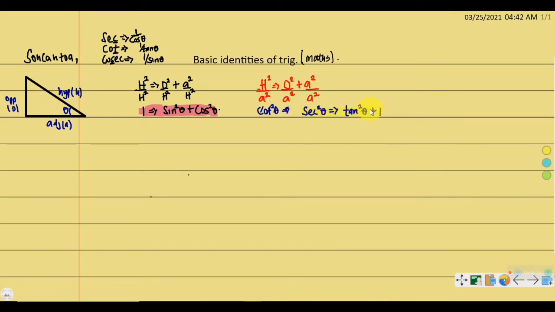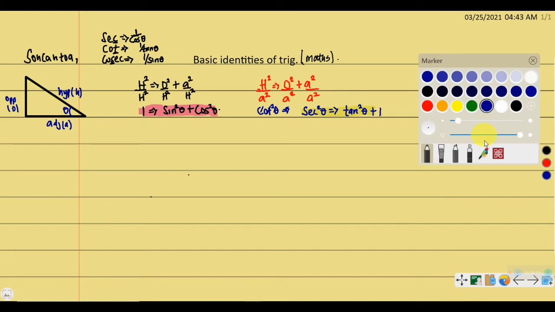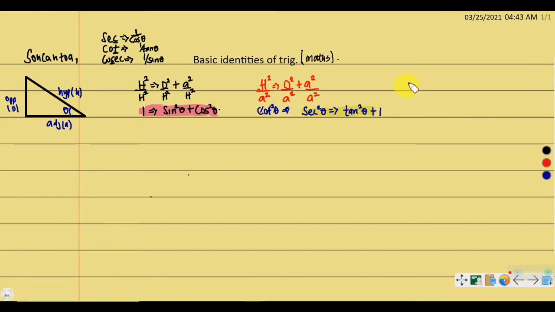Now the third one will also be carved out from the same Pythagoras theorem we learned in early classes. We can rewrite the Pythagoras formula, as we all know, as hypotenuse square is equal to opposite square plus adjacent square. I hope we are all following this.